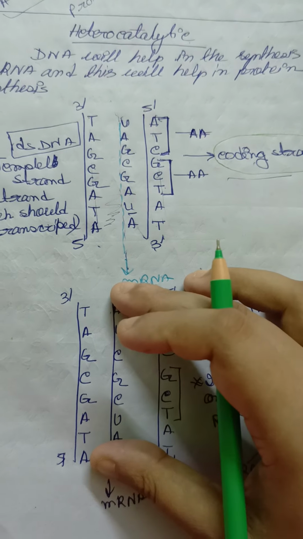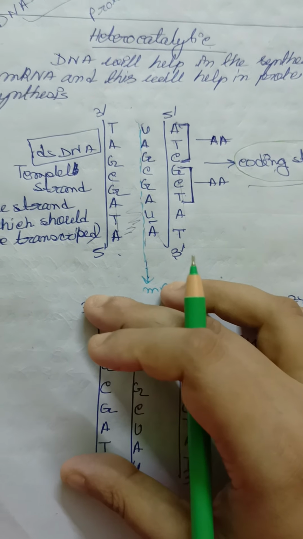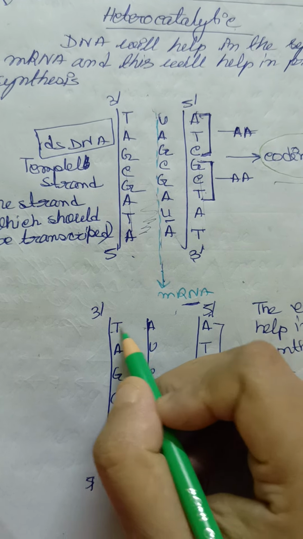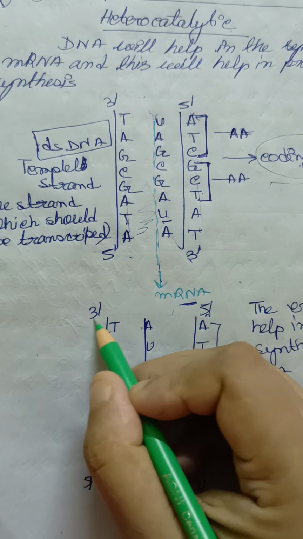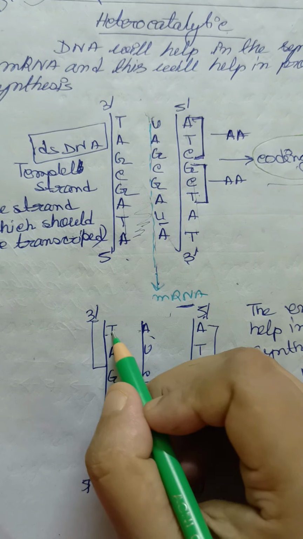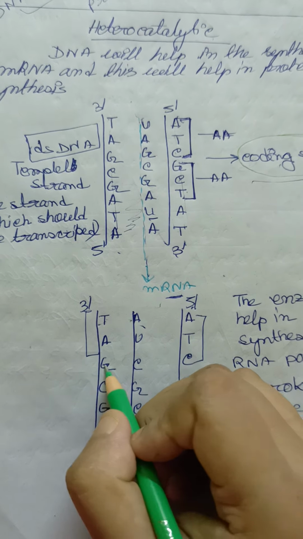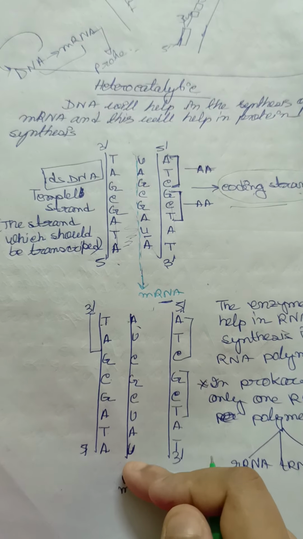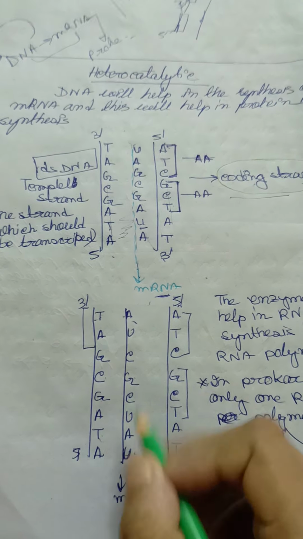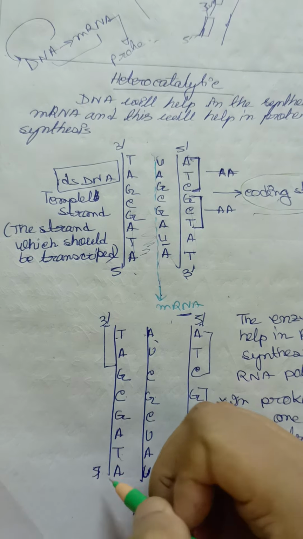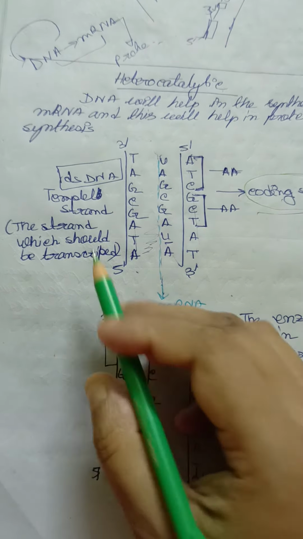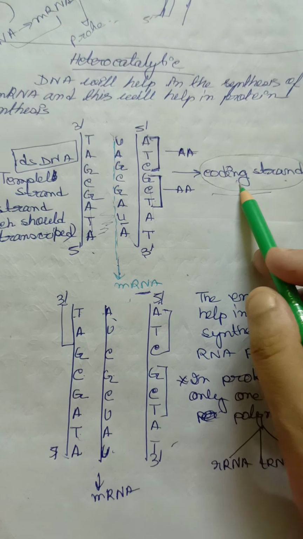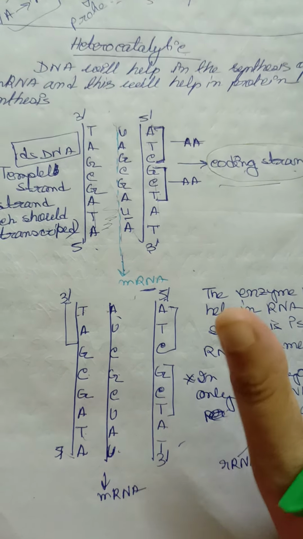Suppose this is mRNA synthesis, this will act as a template strand, so opposite base pair we will take: T A A U G C C G G C A U T A, because this is RNA, U will be there, T A A U. So you always remember 3' to 5' end always acts as a template strand, and 5' to 3' end always acts as a coding strand. You have to remember this.